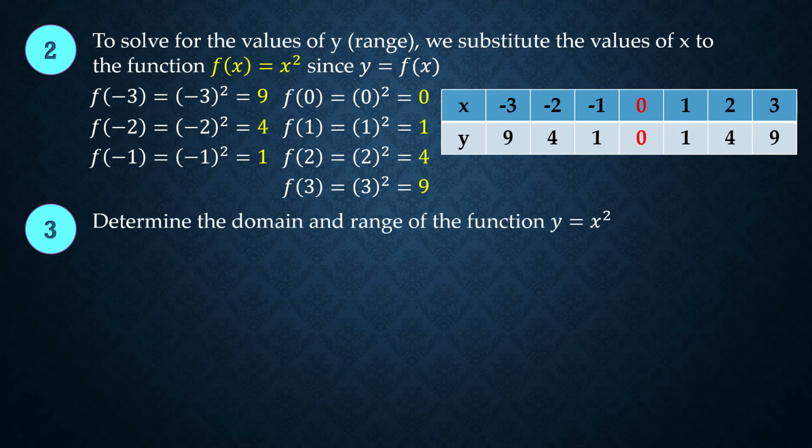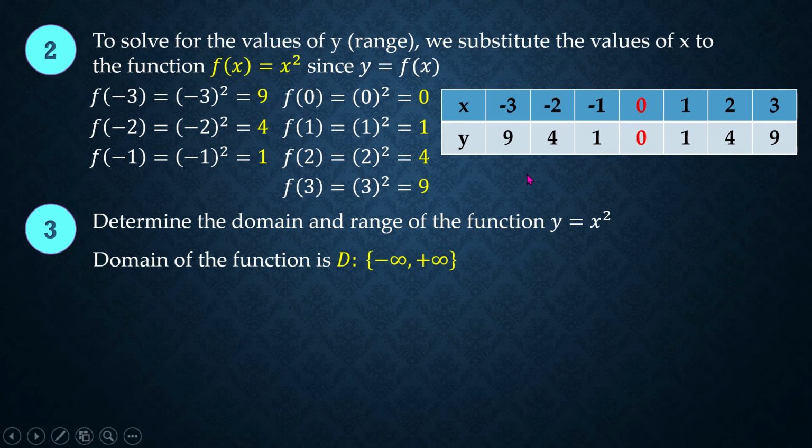So, next step, to determine the domain and range of the function y equals x squared. So, obviously, the domain or the values of x are all the set of real numbers. So, negative infinity to positive infinity. So, all numbers on the number line, where in the center is 0, to the right and to the left of the 0 can be used when solving a quadratic function.